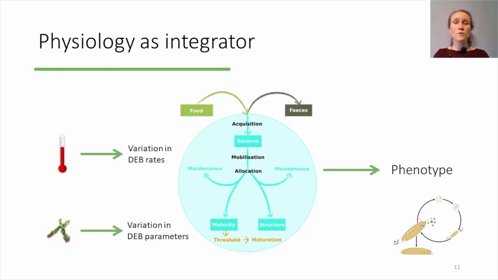And that's what I represent as a genetic variation in the bottom. So that's variation in their parameters. Whereas temperature will only influence the rates, and we do that in a parallel way. And so with a given temperature, a given food, and a given set of parameters, so a given environment and given genotype, we will have a particular phenotype.